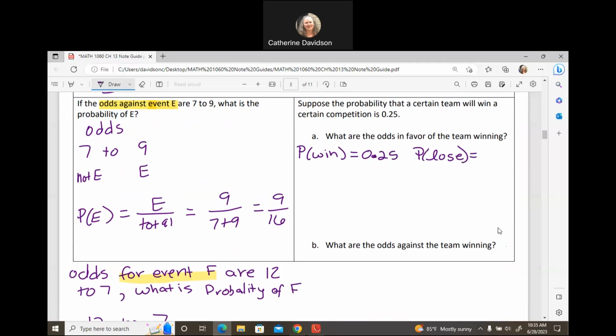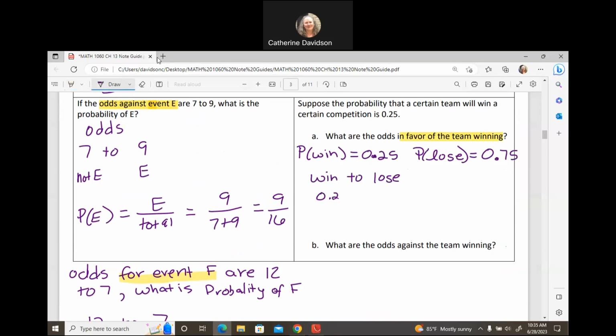So if there's a 25% chance they win, the probability they lose is going to be 75% or 0.75. What are the odds in favor of the team winning? So what they're asking for goes first. So we want a ratio of the wins to the losses.